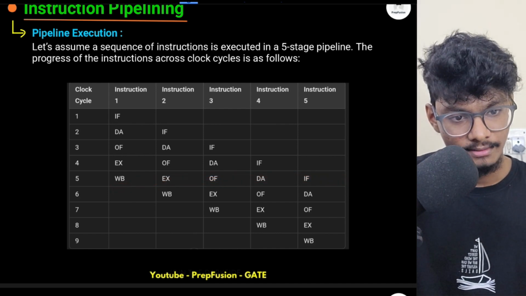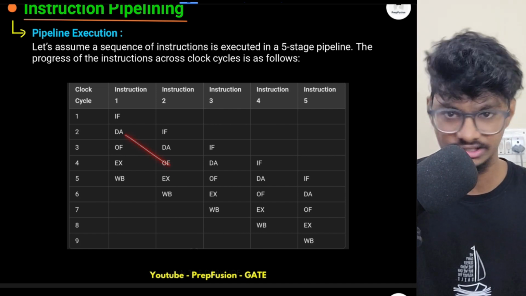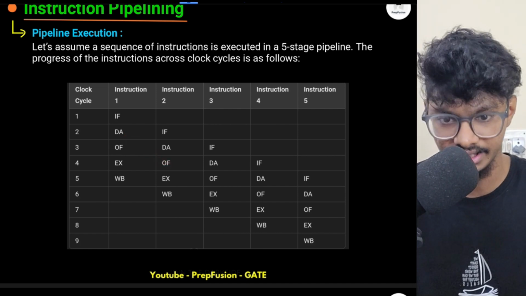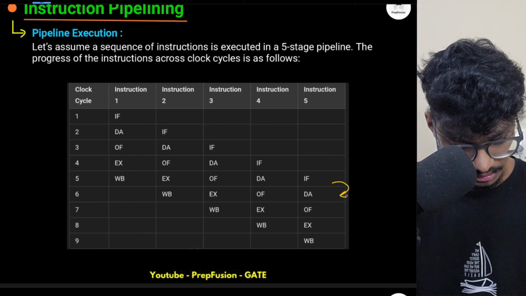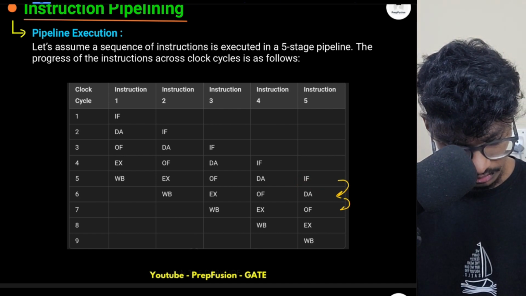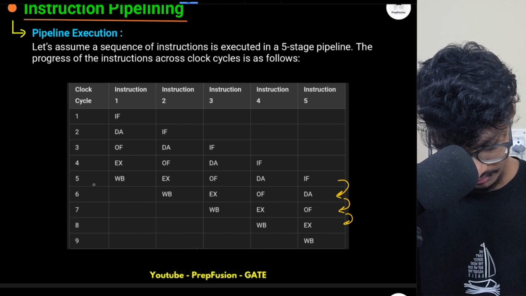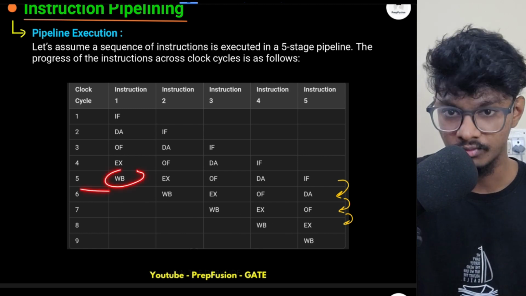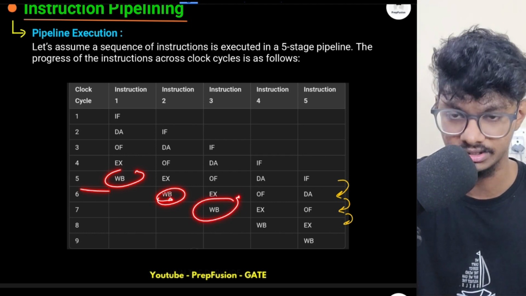But what if I tell you there is a problem? This smooth case we have already discussed in the previous lecture. After this point, I am getting a new output after each clock cycle. In the 5th clock cycle, I1 is doing write back. In the 6th clock cycle, I2 is doing write back. In the 7th clock cycle, I3 is doing write back.